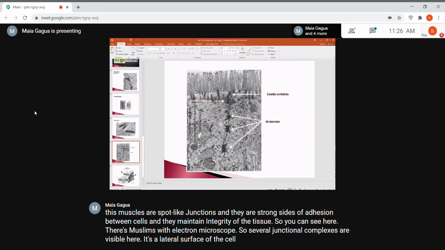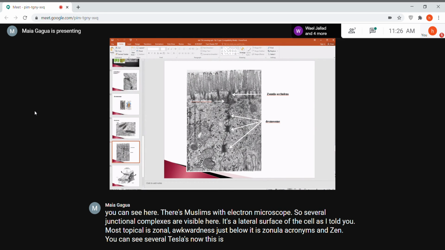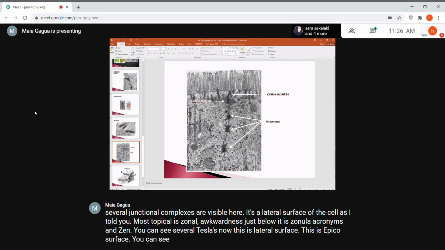As I told you, most apical is zonula occludens. Just below it is zonula adherens, and then you can see several desmosomes. So this is lateral surface. This is apical surface. You can see microvilli on the apical surface of the cell.